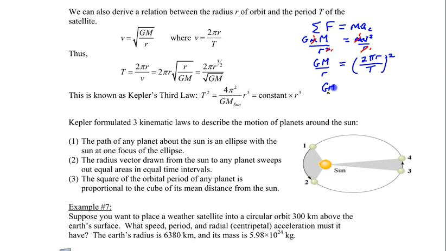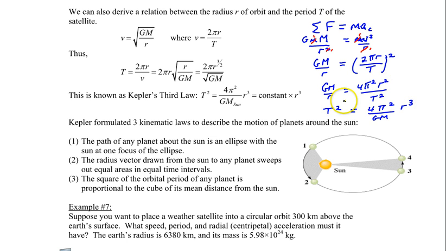This then becomes the following: 4 pi squared r squared all over T squared. Once again, we can rearrange the equation as shown here. So we can rewrite this as T squared equals 4 pi squared all over GM of whatever body that the satellite is revolving around, times r to the power of 3.